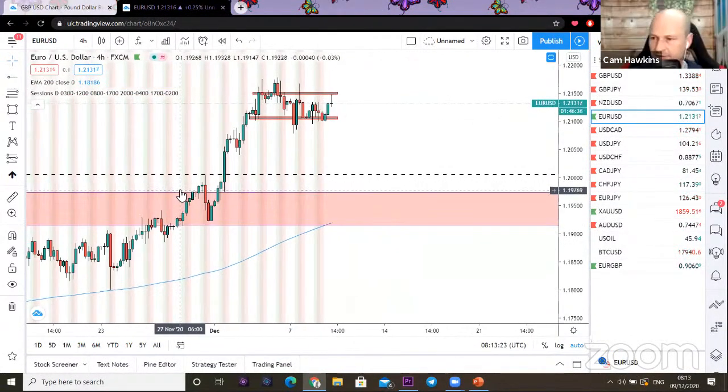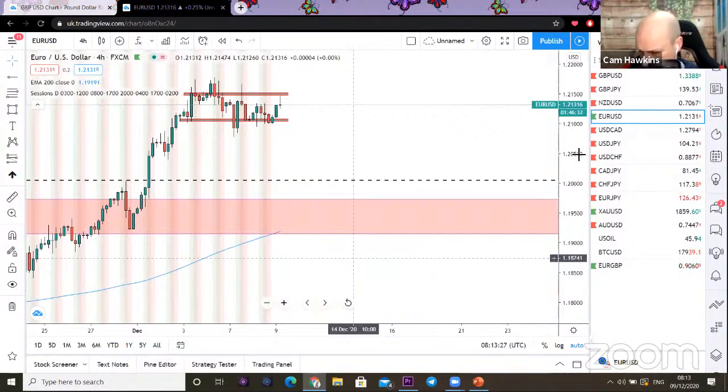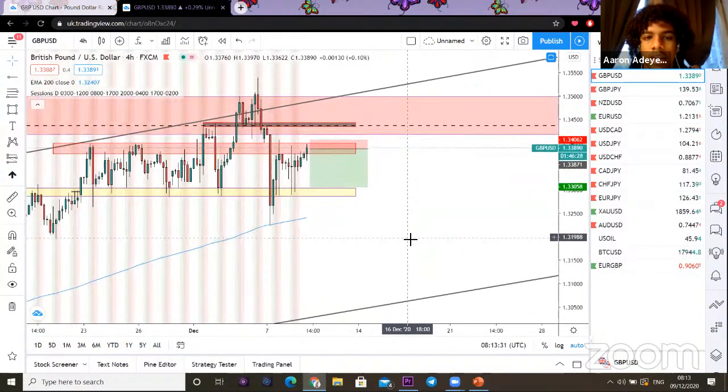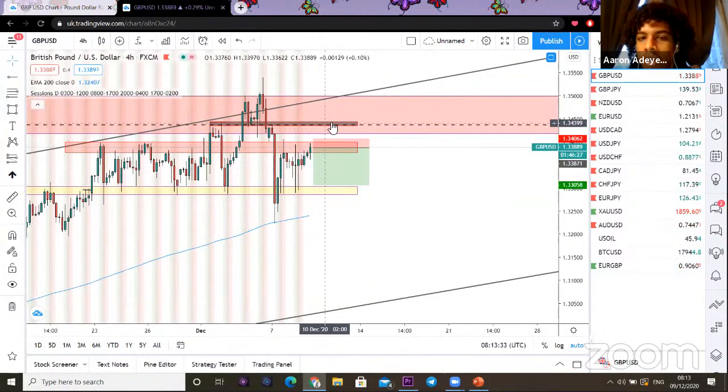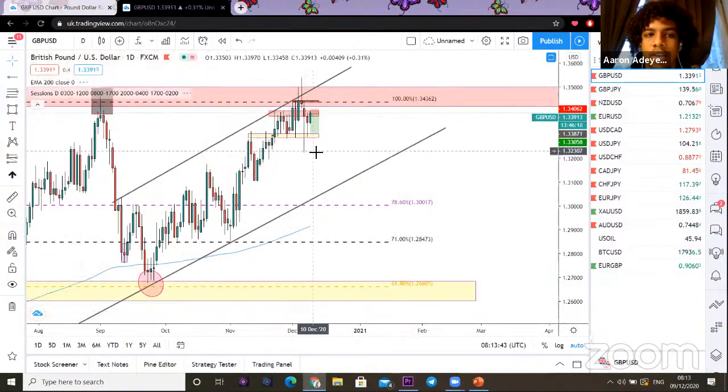And what was the reason for those trade entries, Aaron? So with Great British Pound USD, I could have sold at this level here because there was a lot of liquidity. But mainly from my daily, it's at a very high zone, and it still hasn't dropped from this level.